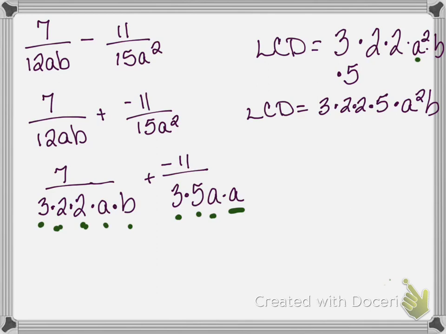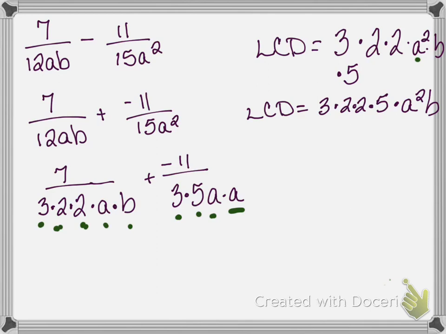You have 3 A's when you have A squared. Say that again. Like you have 3 A's, but we have A squared. Excellent seeing that. Okay? What is the highest exponent I have in either one of the denominators? A squared. So that's what I have to worry about.